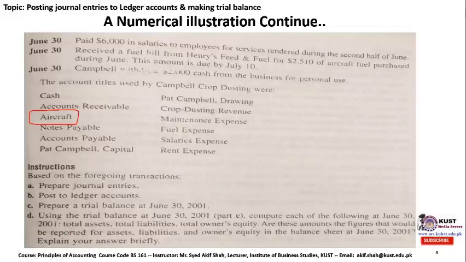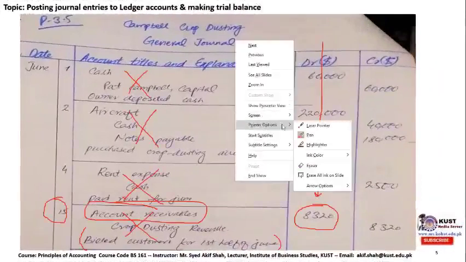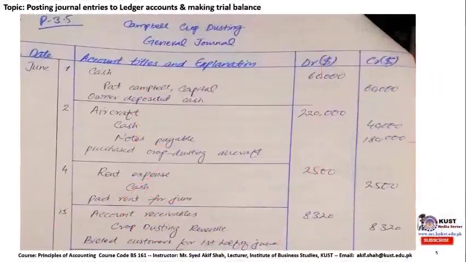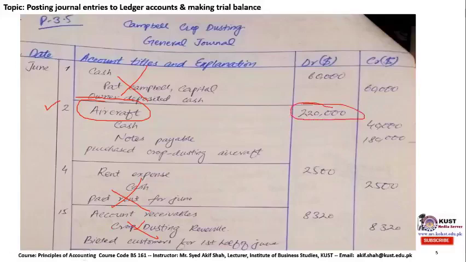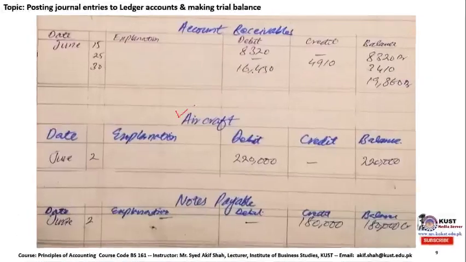Let's go to the next slide and find out where we have entries pertaining to the aircraft. Only one entry we have related with the aircraft, which belongs to June 2nd, and its value is in the debit column, so therefore we have to insert it in the proper way in the aircraft ledger. Rest of the explanation as it is.